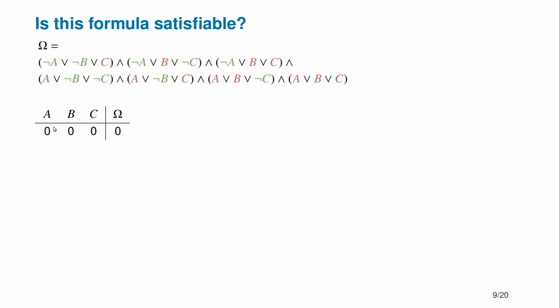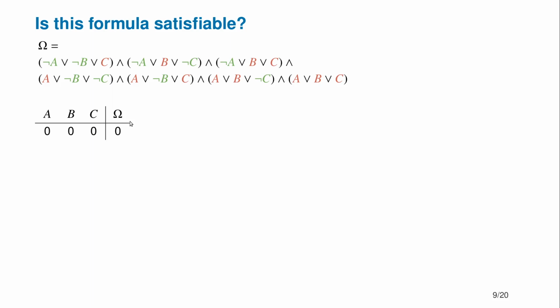So for example, not A is true, and these parts are marked in green. Then we have some parts which are false. These are colored red, and this formula has a very special structure. As we will see, we have conjunctions of disjunctions, and a conjunction is true if and only if all subformulas are true. Here we have a subformula which is false because it contains only red symbols, so the formula omega evaluates to false under this assignment.